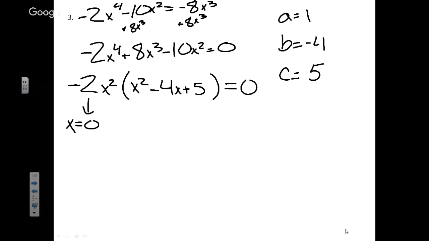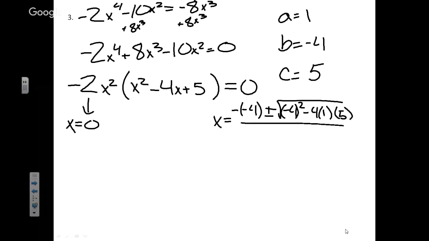So then, when we're just plugging that in, it's x equals -4 plus or minus the square root of -4 squared minus 4 times 1 times 5, all divided by 2 times 1.